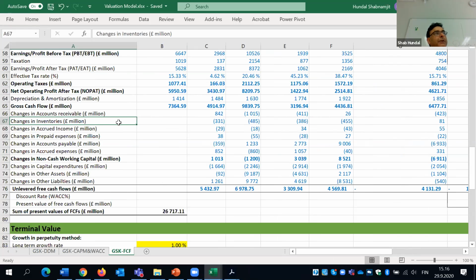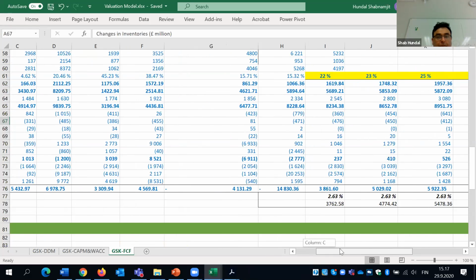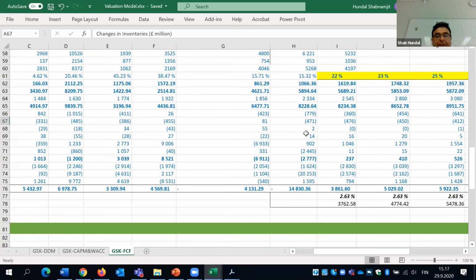Is inventory your asset? Is inventory your asset or liability? Asset. When your asset increases, it should be a good thing, isn't it?